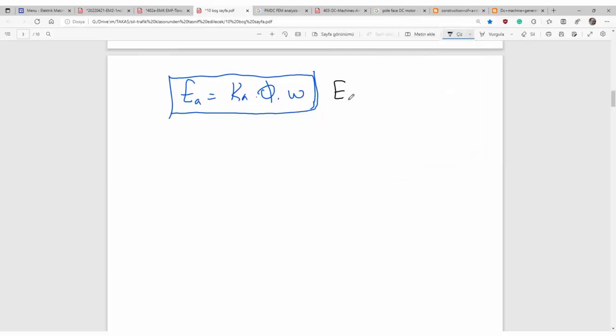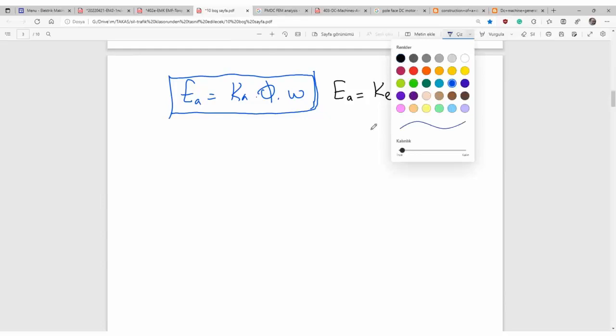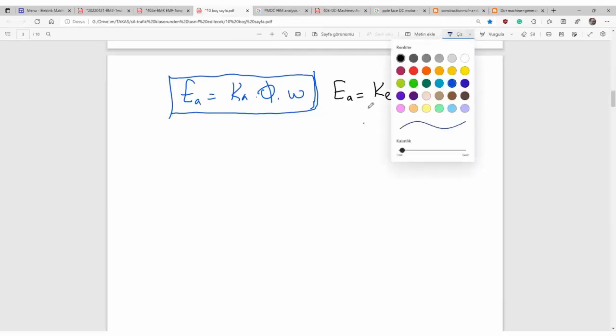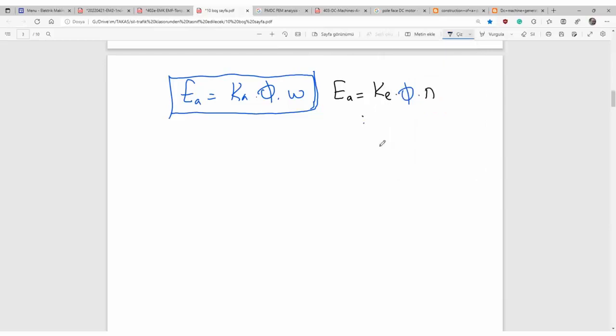Armature EMF is equal to Ke, flux, the same one, and a new one, which is speed. That is radians per second, angular speed, while this is just speed, revolutions per minute.